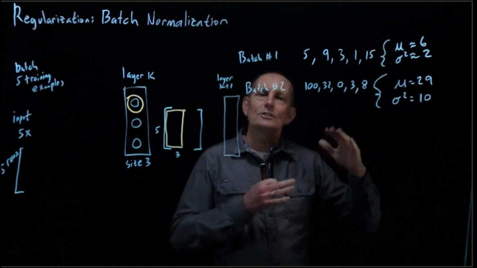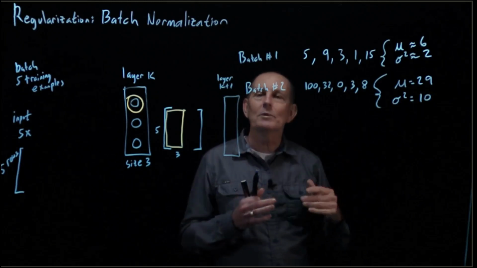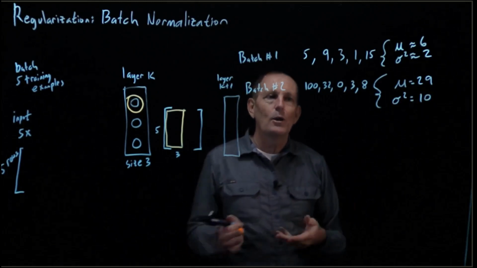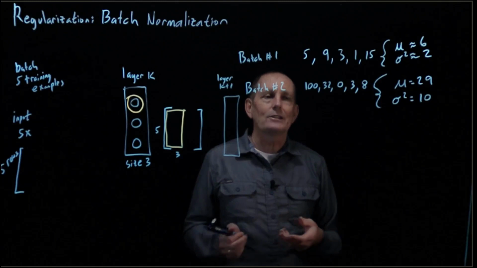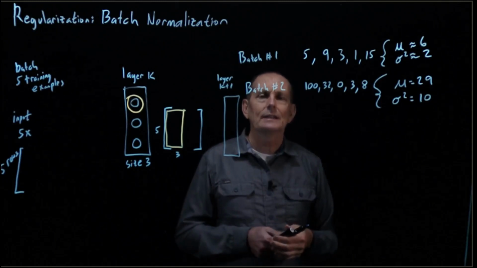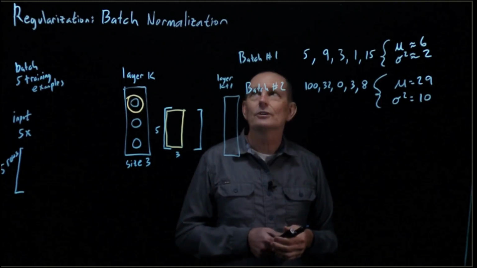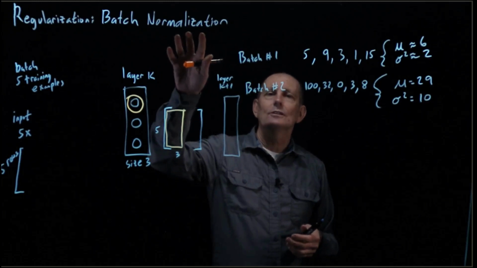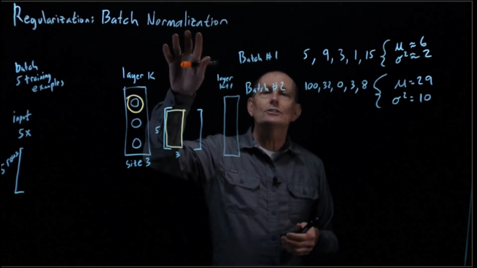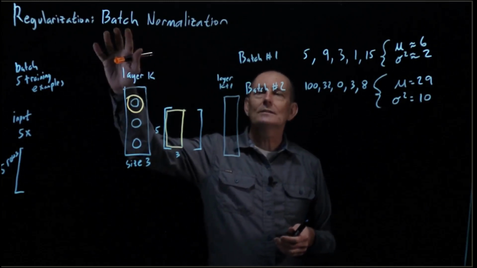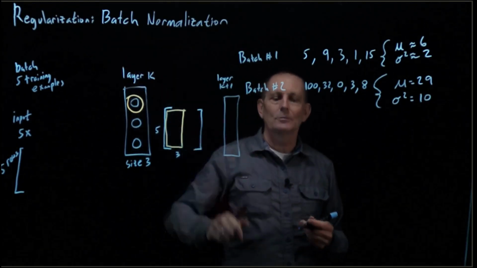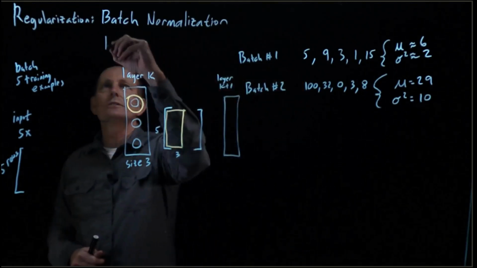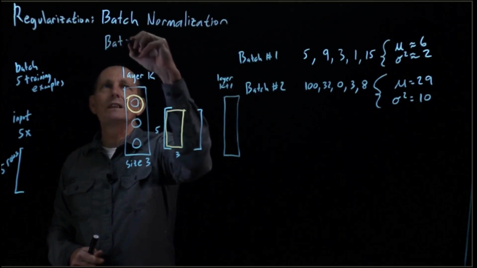But those means and standard deviations are varying quite a bit as we come in batch by batch. So the thought is, let's do some sort of normalization of mean and standard deviation on a batch by batch basis. So that's where we get batch normalization, which is also normally just called batch norm.